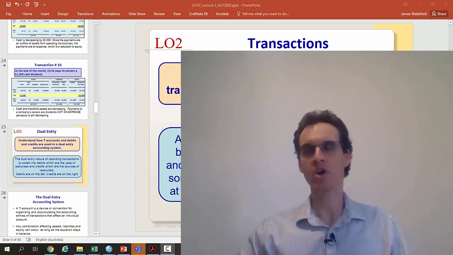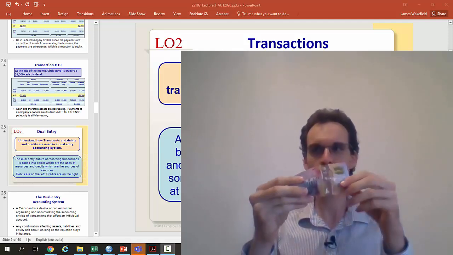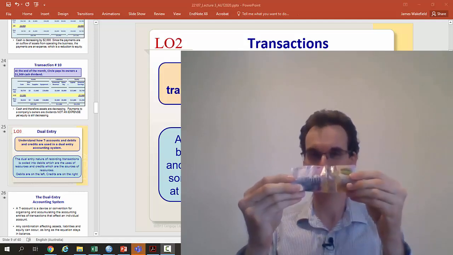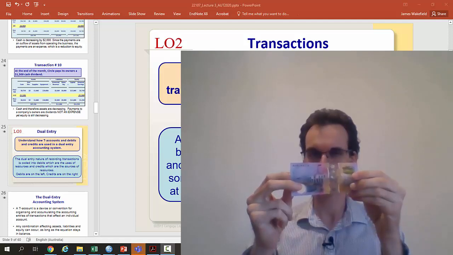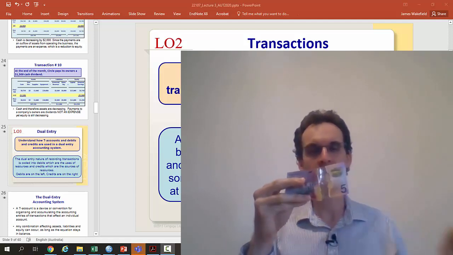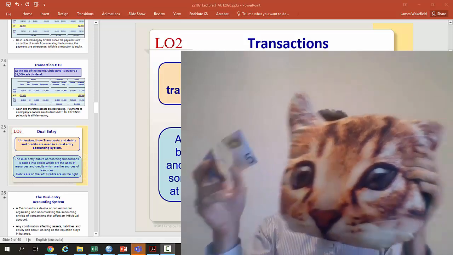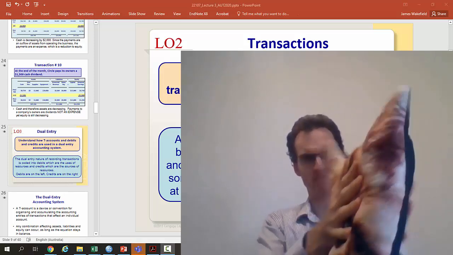So I go to the shop and I spend, say, $5. This is what I'm using up. And for that $5, I get this cat head pillow.